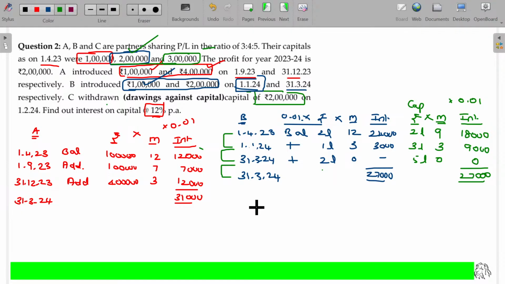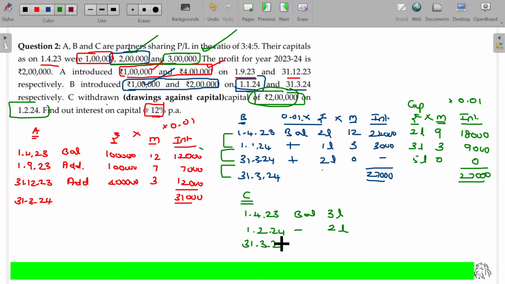In case of C, actually his capital on 1/4/23 being 3 lakhs. Thereafter he withdrew 2 lakhs on 1/2/24, minus 2 lakhs. So we have to calculate interest up to 31/3/24.